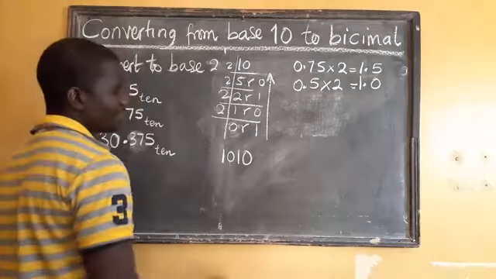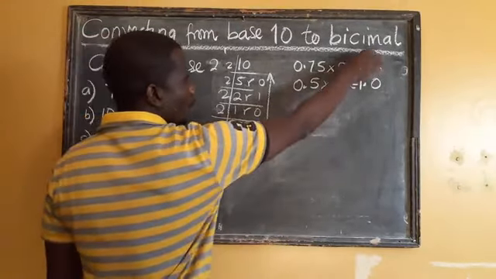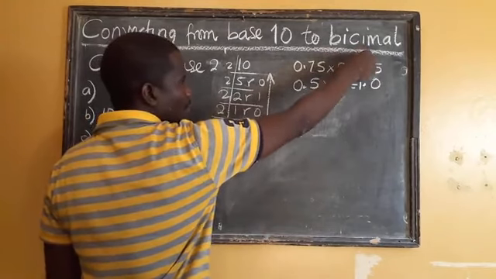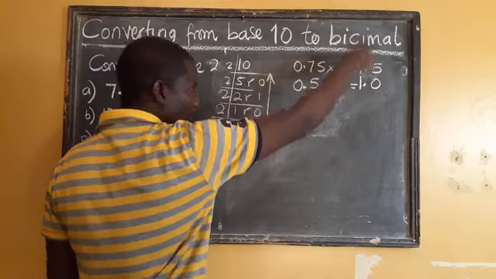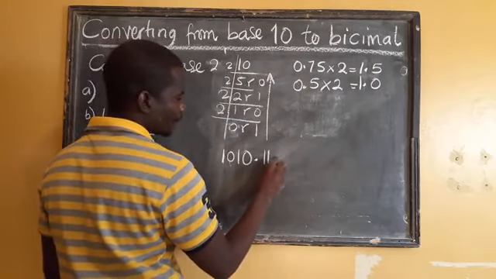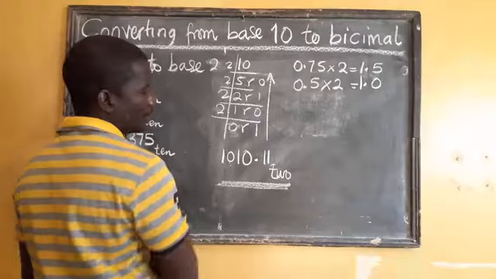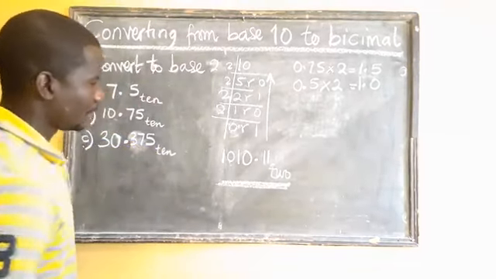So how do we write the final answer here? I hope you are getting it. We'll get the whole numbers and we'll start with this one going down, this one going down. So it will be 1, 1 in base 2. That is what we are going to get.